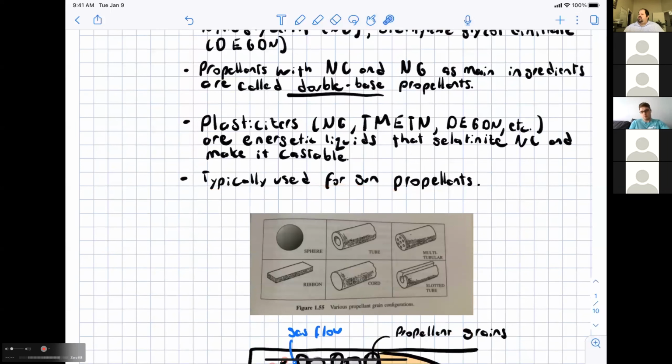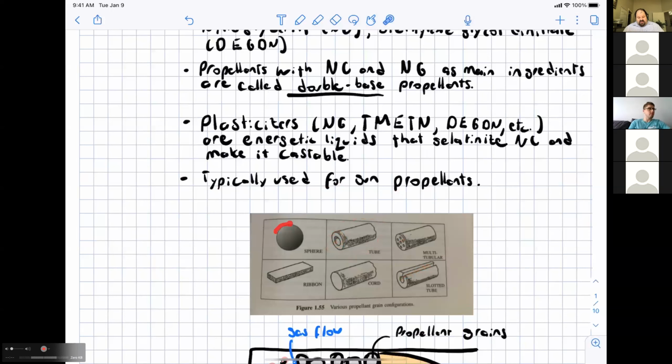I suppose none of you have ever seen a gun propellant except for maybe black powder. But in a big gun, some of the gun propellant grains are about the size of your thumb, and they have all sorts of little holes, slots, and things like that that are basically drilled into them.